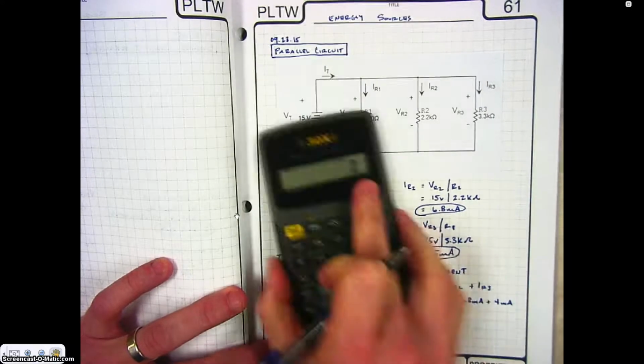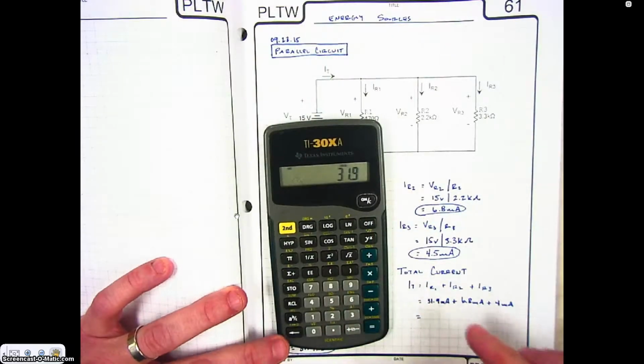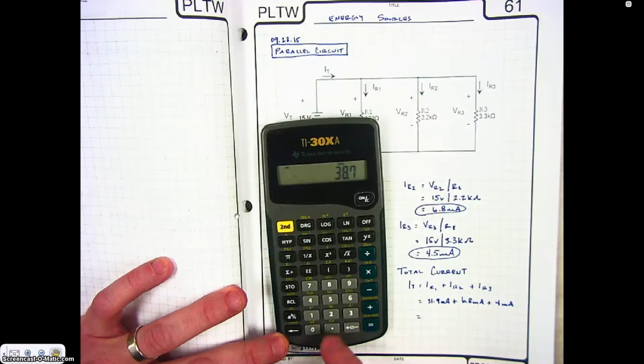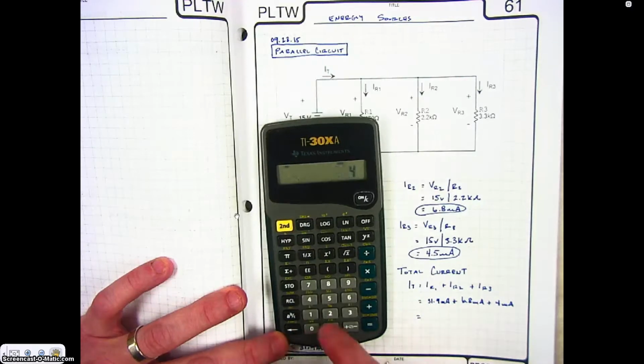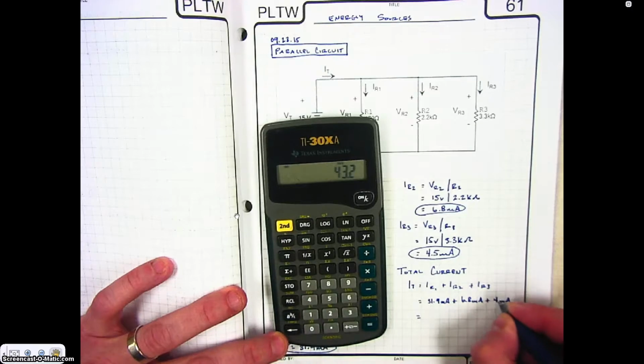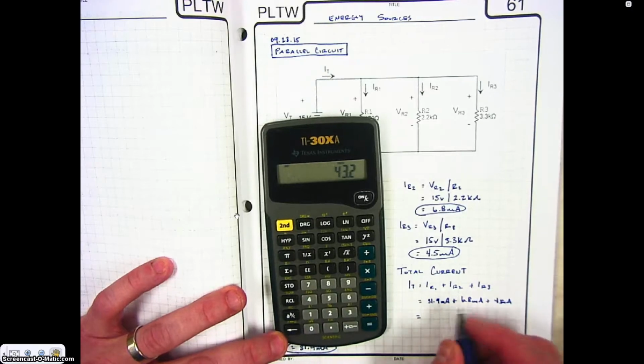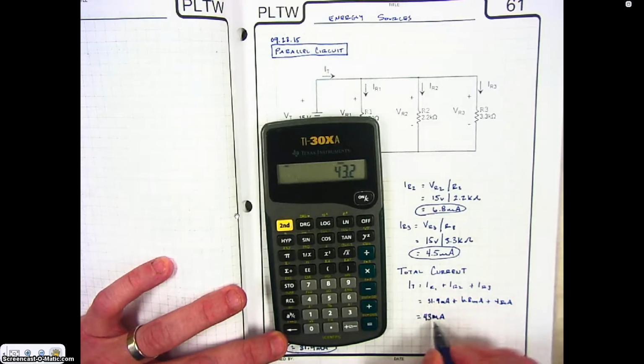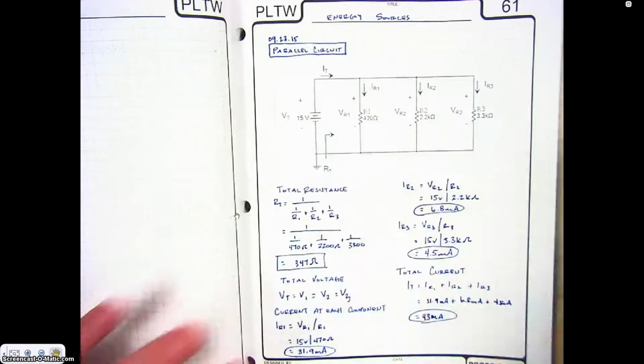We add those up, 31.9 plus 6.8 plus 4.5, and we get, we'll just call it around 43 milliamps for our total current.